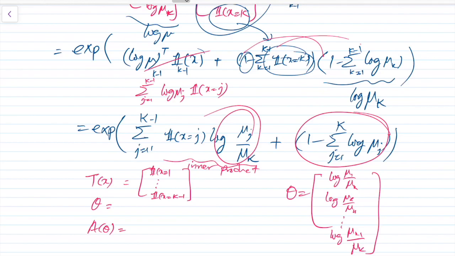And this is my partition function, right? And my a is what? So this is my theta, this is my a. Now my base measure is going to be, I'm going to accept only discrete values.